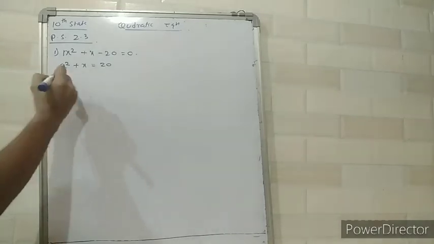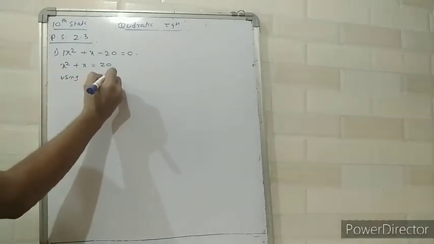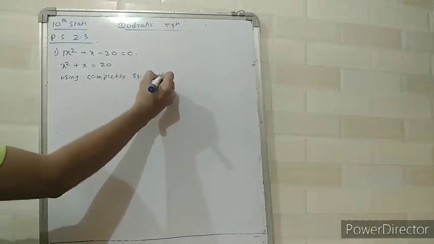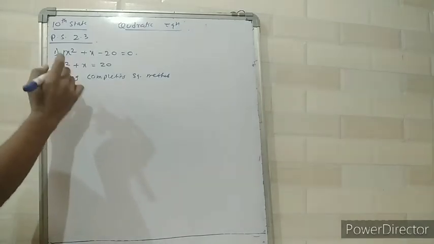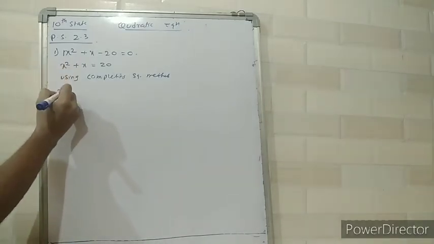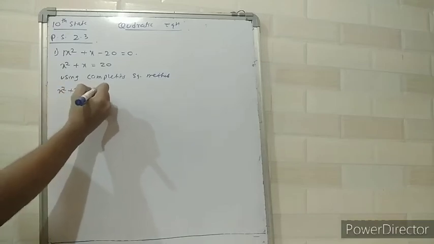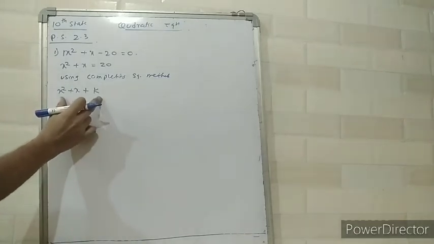Now using the completing square method, x square plus x plus, I will write k over here. After adding k, this will be the perfect square.